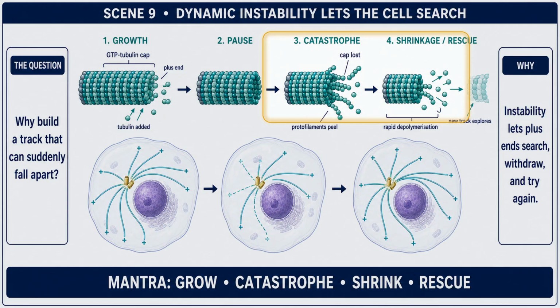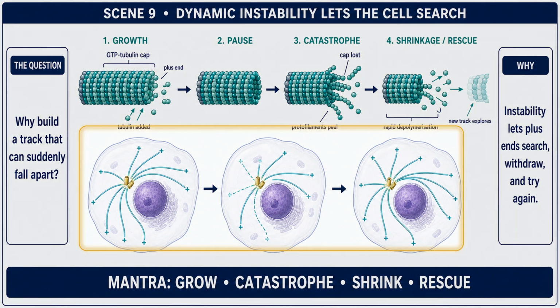The microtubule switches into rapid shortening. That switch is called catastrophe. If growth begins again before the track disappears completely, the recovery is called rescue. This behavior is dynamic instability, and it is not a defect.